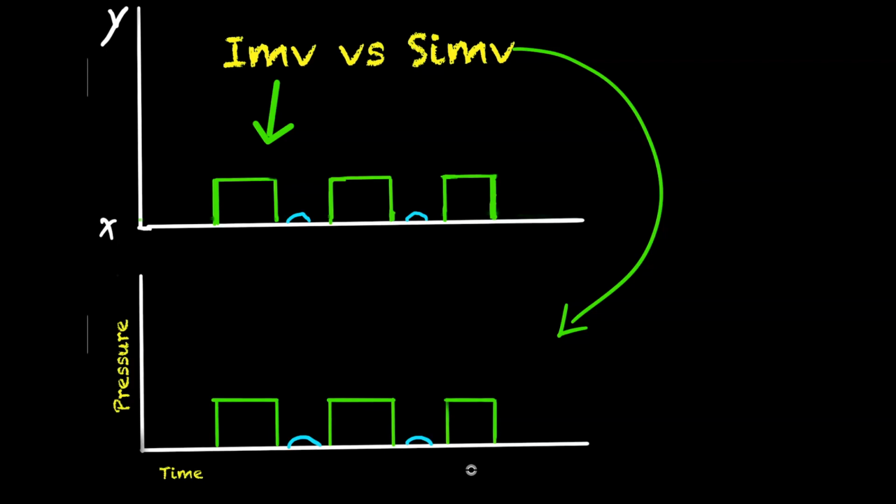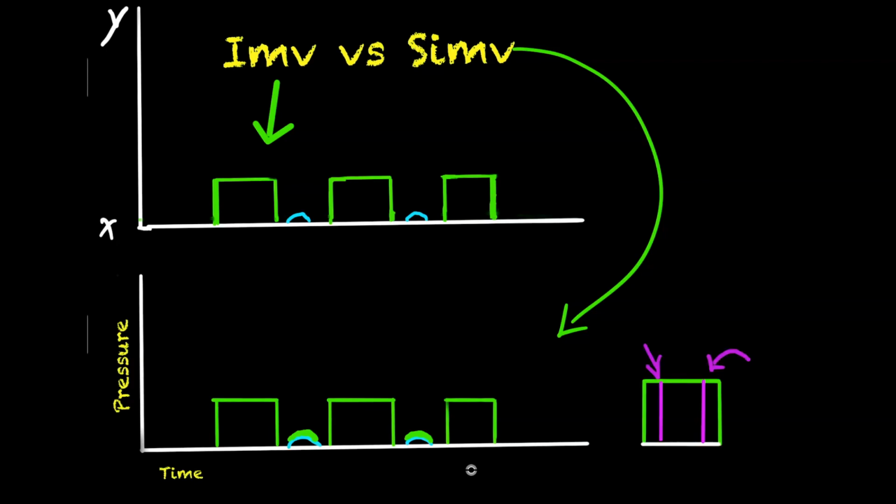Whereas in the SIMV mode, with each spontaneous effort, the ventilator provides a small amount of pressure support. Now, it doesn't necessarily change anything because they're still in this mandatory ventilation setting, but it will give them some pressure support, making it more comfortable for them. And then further down the line, once the patient starts to come around, which is why I love SIMV during procedures, if the patient tries to take a breath, this is what's going to happen.